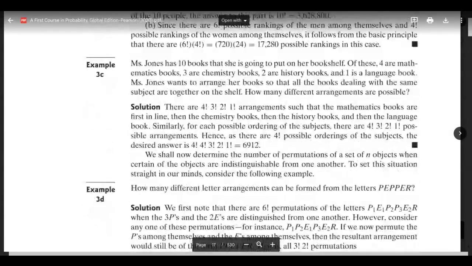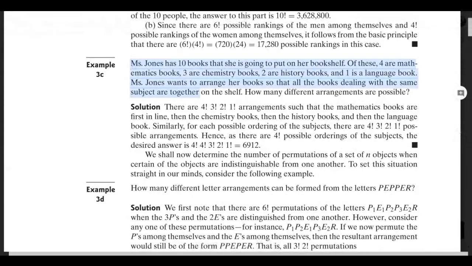Let's see this example. Miss Jones has 10 books that she's going to put on her bookshelf. Of these, 4 are mathematics books, 3 are chemistry books, 2 are history books, and 1 is a language book. Miss Jones wants to arrange her books so that all the books dealing with the same subject are together on the shelf.